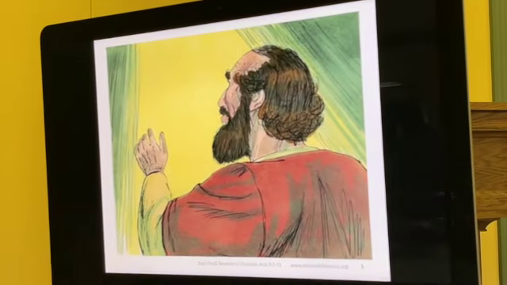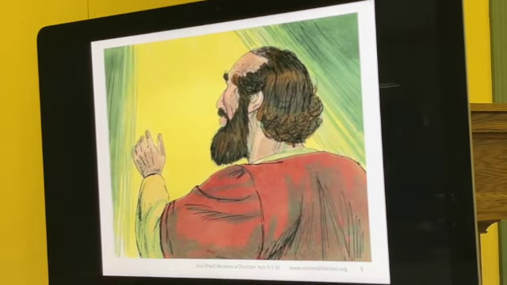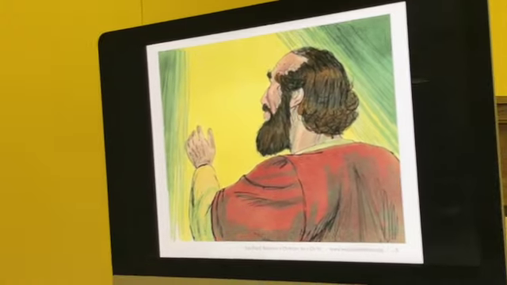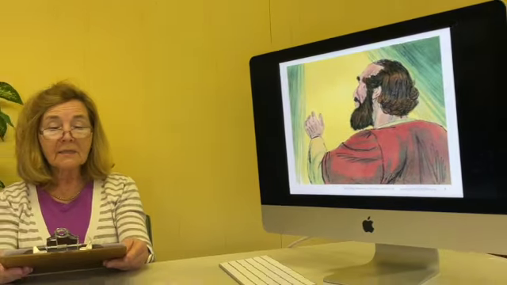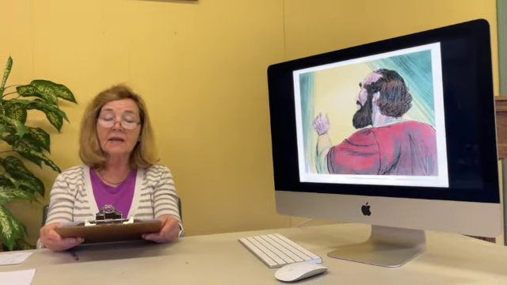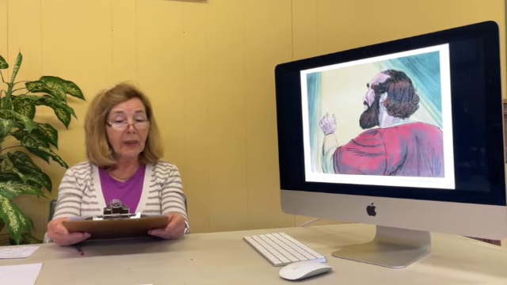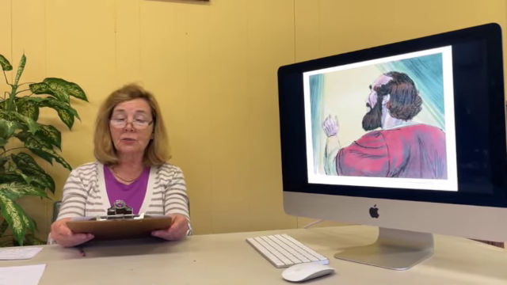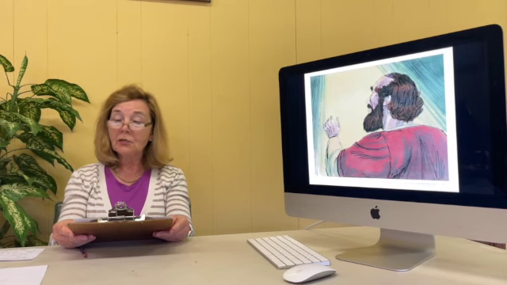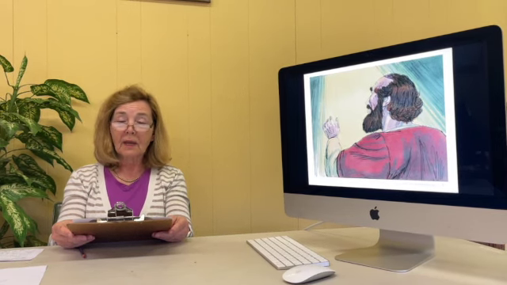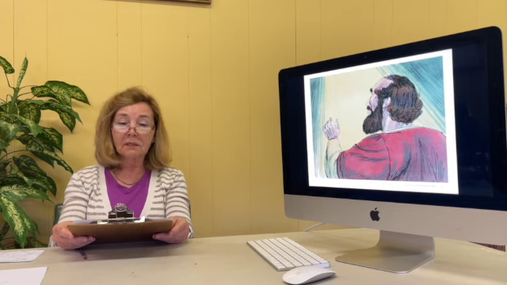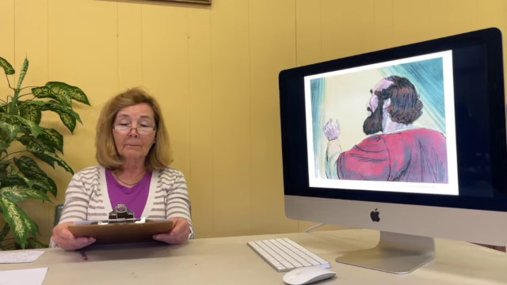Ananias was a Christian man who lived in the city of Damascus. Jesus came to Ananias in a vision and said that Ananias should go and meet Saul. He would be waiting in a house on a street called Straight Street. Ananias was very frightened that Saul might hurt him.